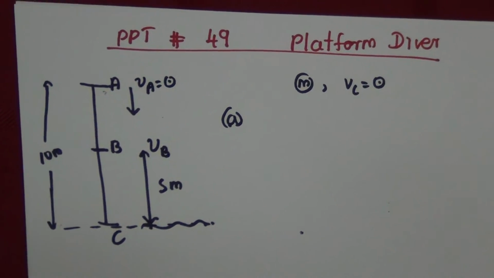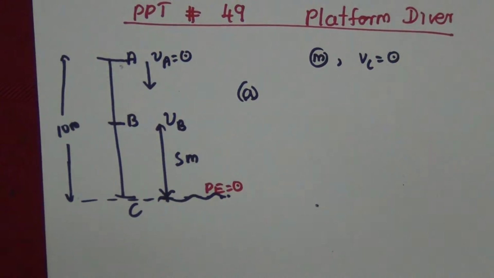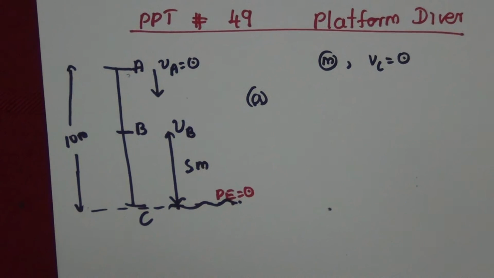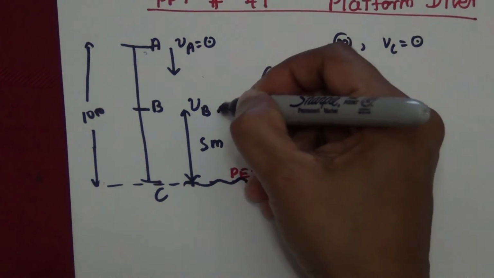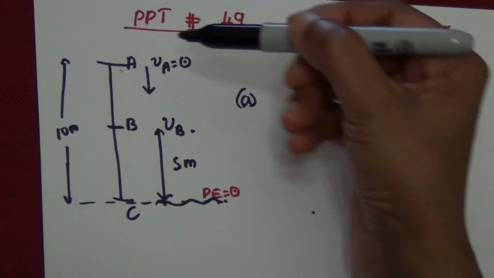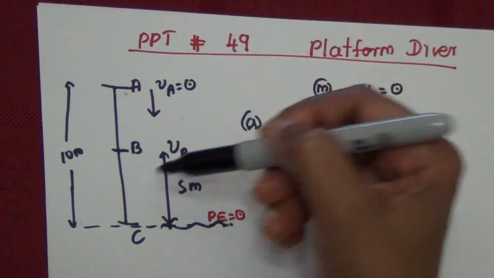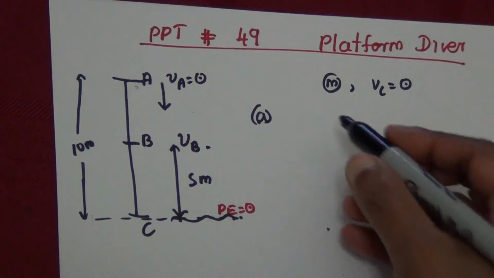Let's also take here as my 0 potential energy. To find the velocity here, I'm going to use conservation of energy at A and B. At any point the energy is conserved.